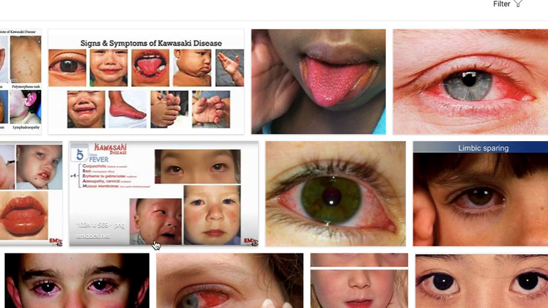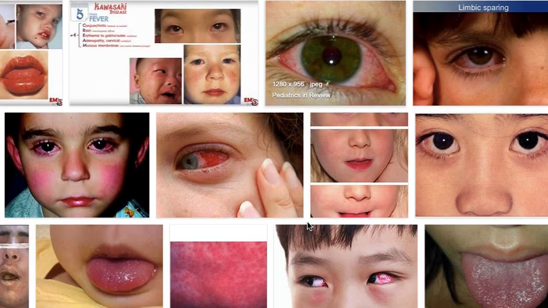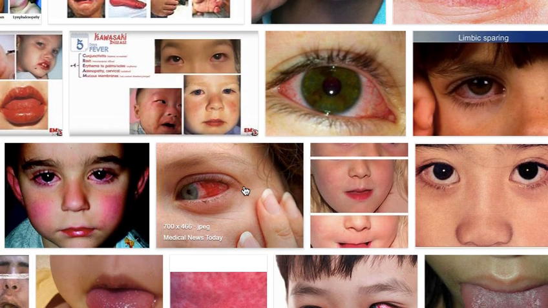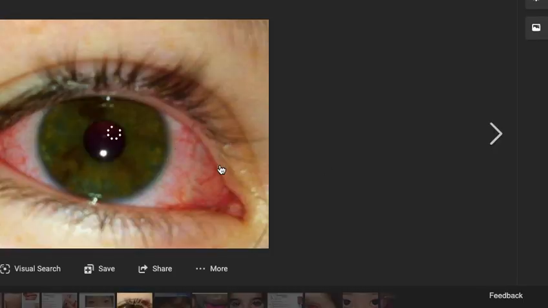They have bilateral non-exudative conjunctivitis, like there is no exudation. You can see over here. Second thing is rash.